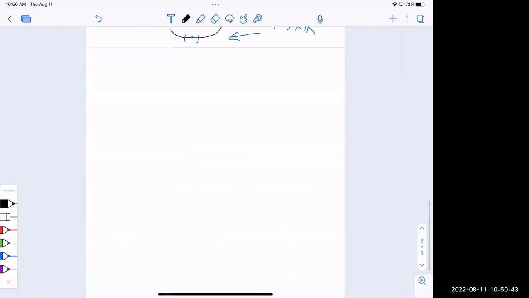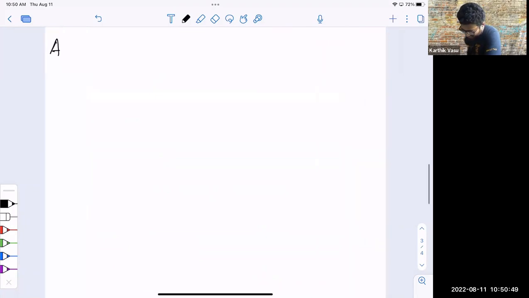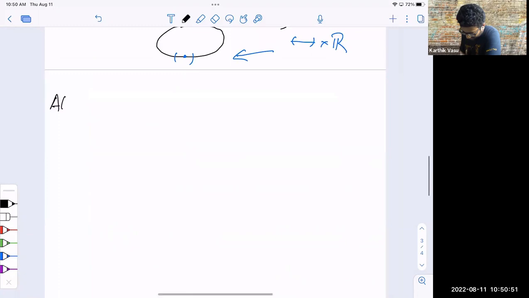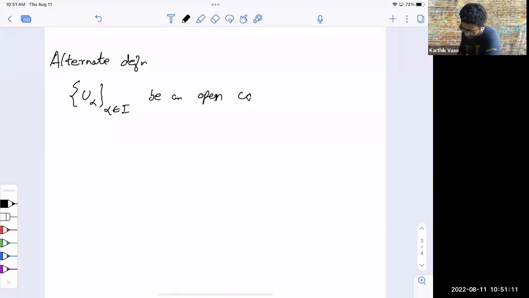Okay, so this was one definition. I will just give a small alternate definition which may or may not be useful to think about. So I had a manifold M. Let me take an open cover of M, U_alpha, where alpha belongs to some index set.